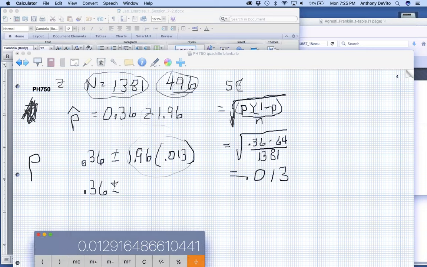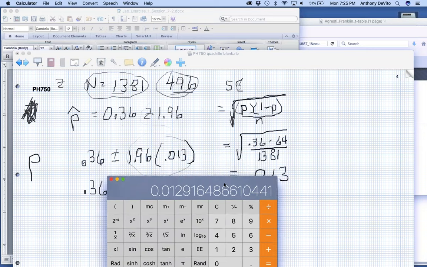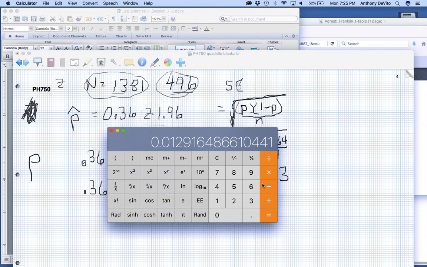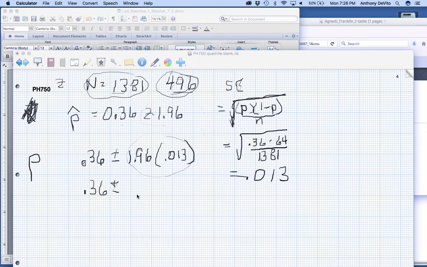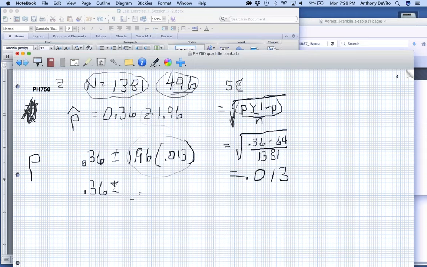I still have it there, so I can say times 1.96 equals 0.025. That's my margin of error, those two numbers multiplied together.